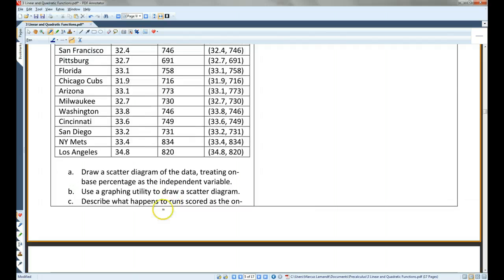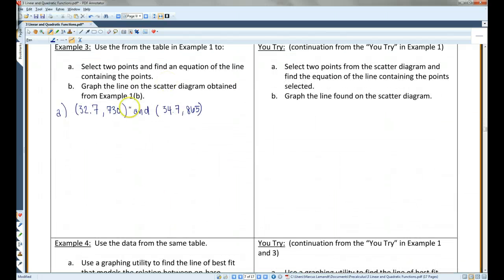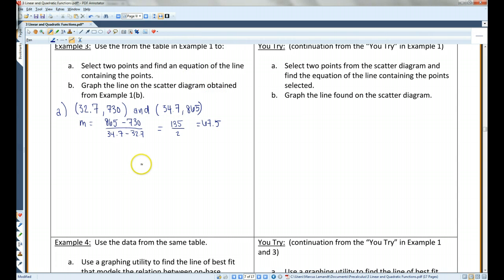So I just picked those 2 points, and I'm going to find the rate of change, or the slope. Okay, so I've got m equals 865 minus 730 over 34.7 minus 32.7. And this will give me 135 over 2, which is 67.5. Okay? Alright, so I have my slope. I'm going to use point slope form for this.